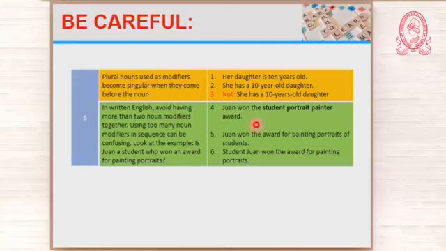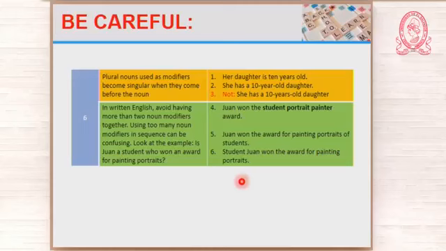No, you can say the same thing. You can give the same information in another way. Look at number 5. Juan won the award for painting portraits of students. That sounds clear. That sounds better. Now let us look at another version. Student Juan won the award for painting portraits.